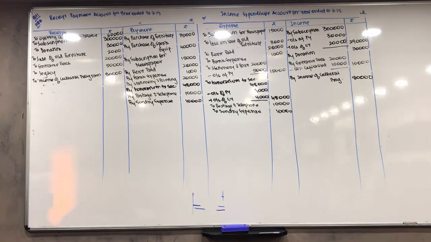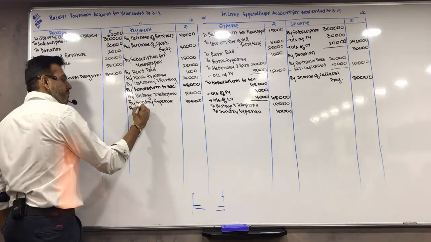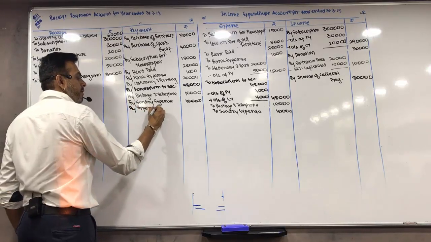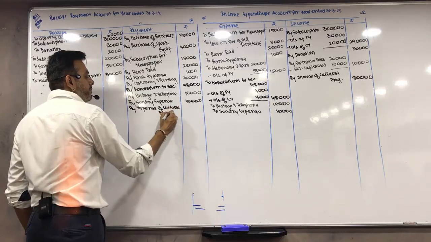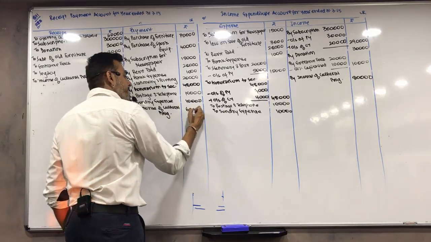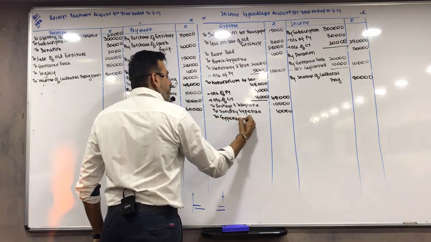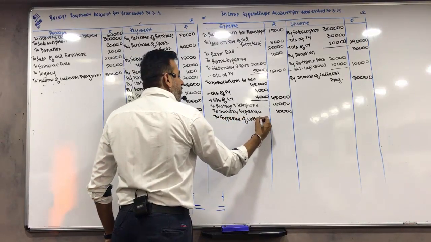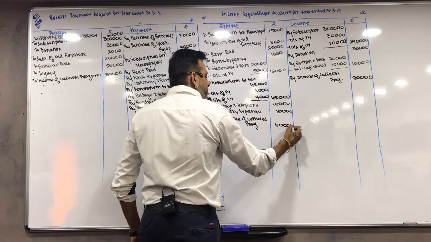Expense of cultural program, payment also and expense also. So by expense of cultural program 60,000, to expense of cultural program 60,000.